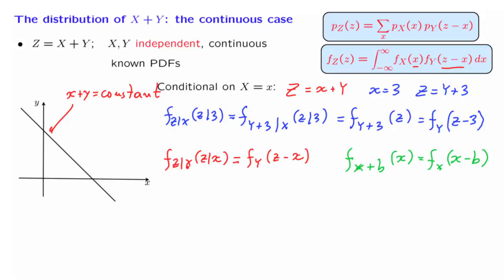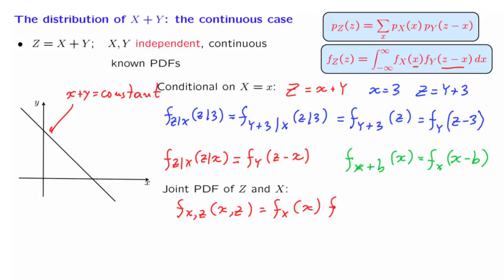Since we have the conditional and we also know the PDF of x, we can use the multiplication rule to find the joint PDF of x and z. By the multiplication rule, it is the marginal PDF of x times the conditional PDF of z given x, which in our case takes this particular form.